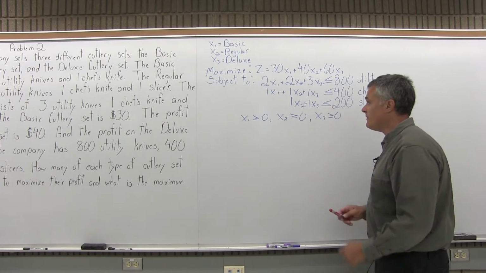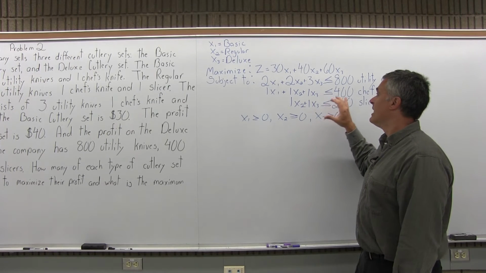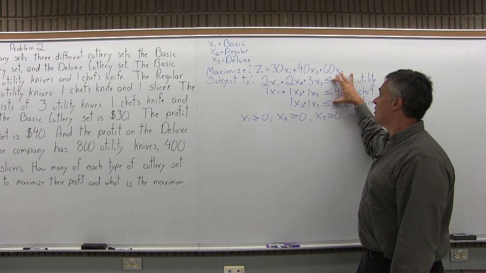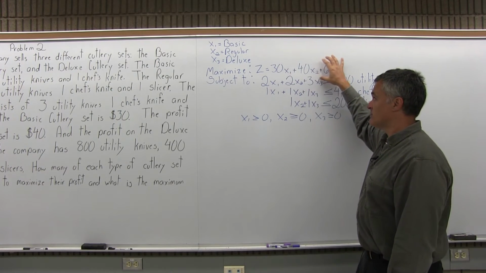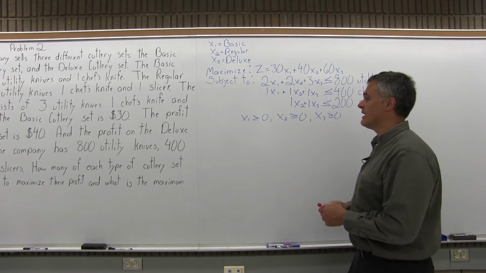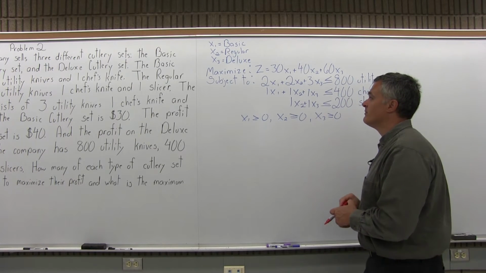So in order to turn the problem that we have set up on the board here into a matrix, we have to convert the inequality symbols into equal signs and rearrange the variables in the object function. And that will allow us to make a matrix, or our initial simplex tableau.